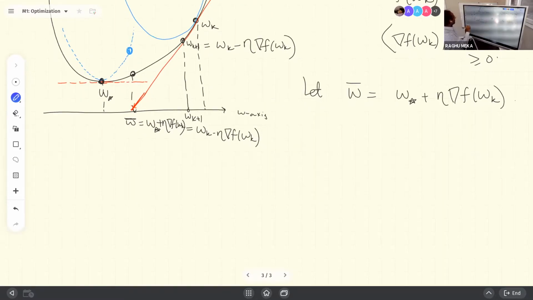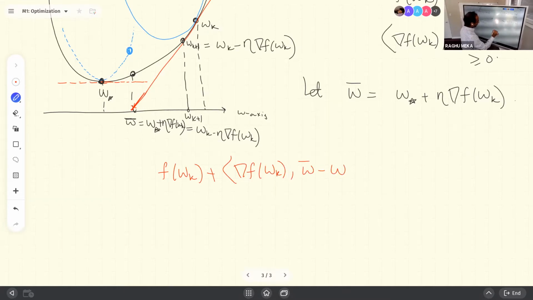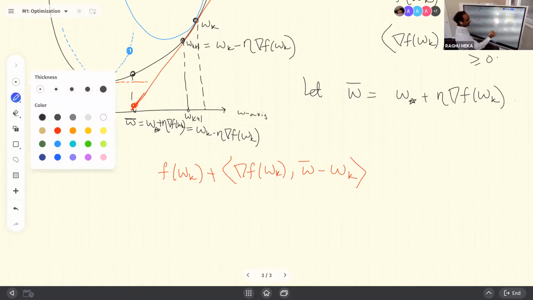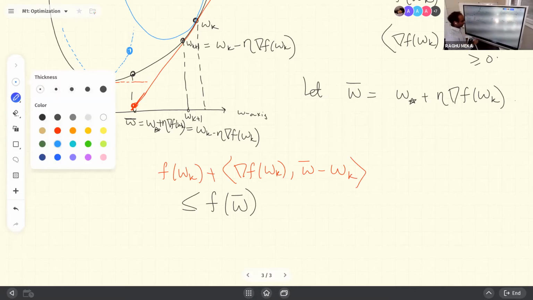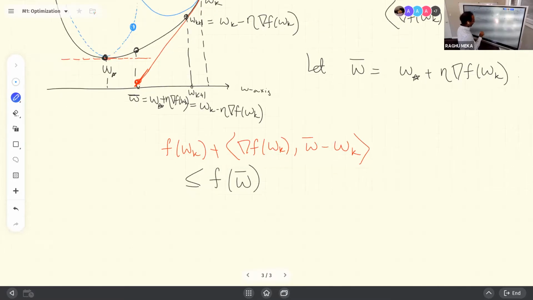So let me maybe use colors here. So what do we know? We know that this is the equation of the red line, and I'm looking at the red line at this point w bar. We know this is at most f of w bar, right? And let me now look at the blue line, the blue parabola.